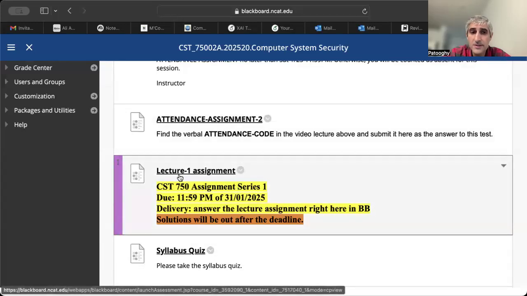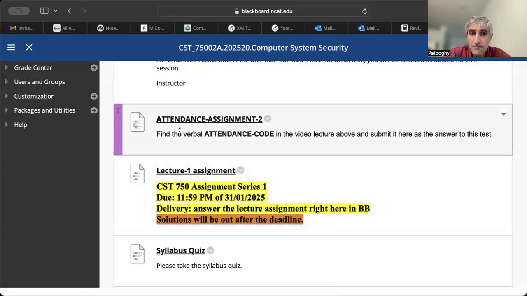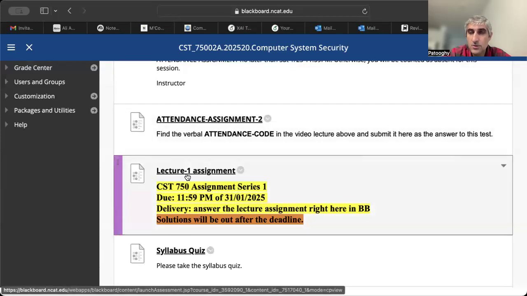For attendance, assignments, and quizzes, there are always deadlines, and the activity or posting disappears after the deadline, so you don't have access to it. Please make sure you do the activities I request, including attendance, assignments, and quizzes, by the deadline mentioned. Otherwise, they will become unavailable to you on Blackboard.